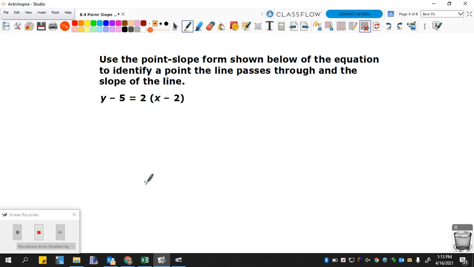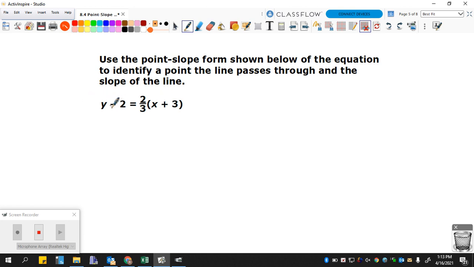Once again, we look here, both of these are negatives. So without writing the equation down, our point is 2 and 5, and our slope is simply 2. Now, I've got another one, same as the one before.